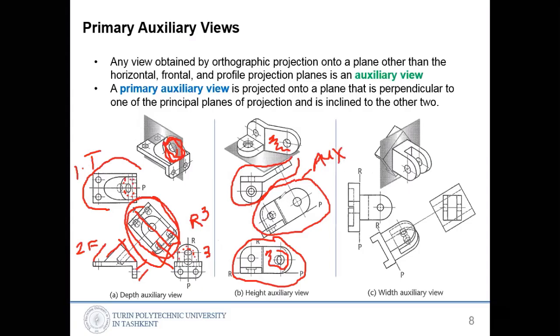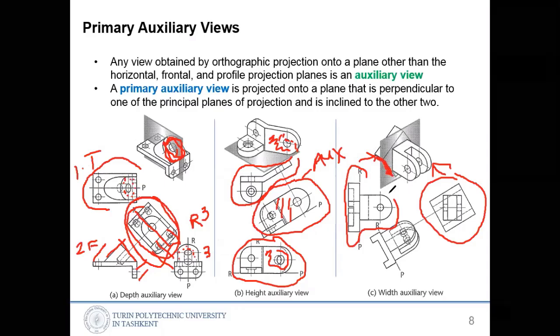So to see this side perpendicularly. And also this one, we are looking from here, seeing this front view, and looking from this side. Again, we are not seeing this inclined side, so we cannot see this side at 90 degrees.